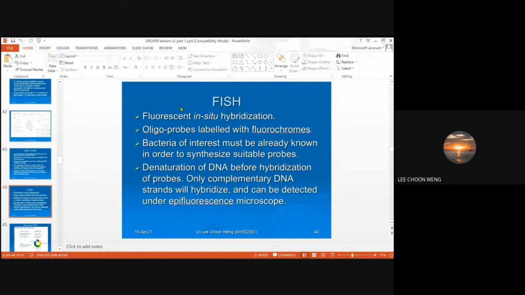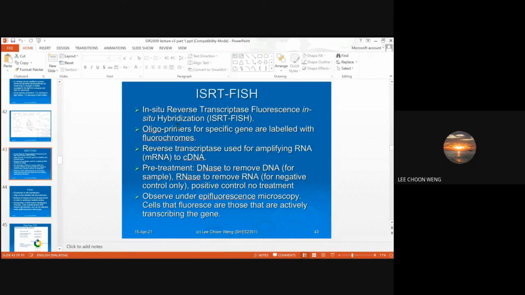So a modification of this actually allows you to look at the specific genes that are being transcribed, that are active in your sample. So the difference is, instead of targeting the DNA, they target the RNA.